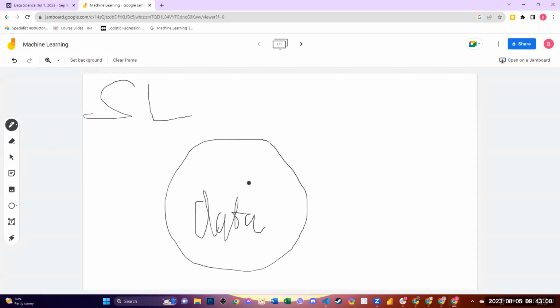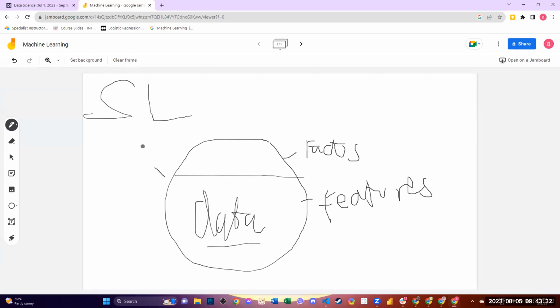All right. So your data has two parts. It has facts and features. These facts and features come along with the data that is intended for supervised learning.